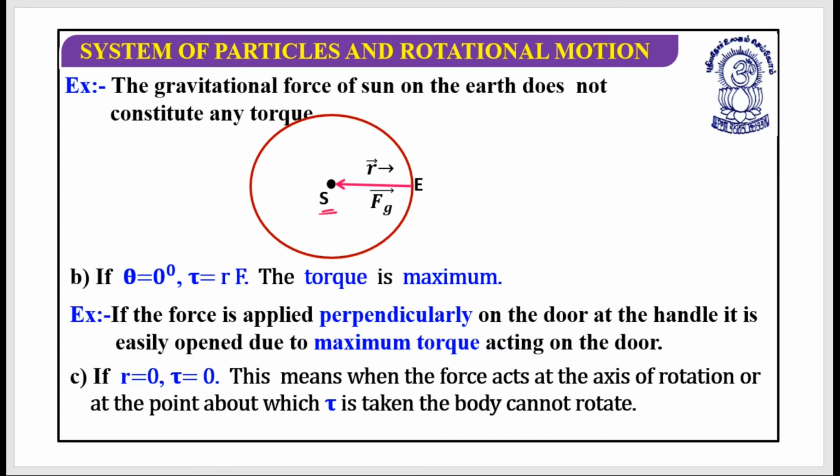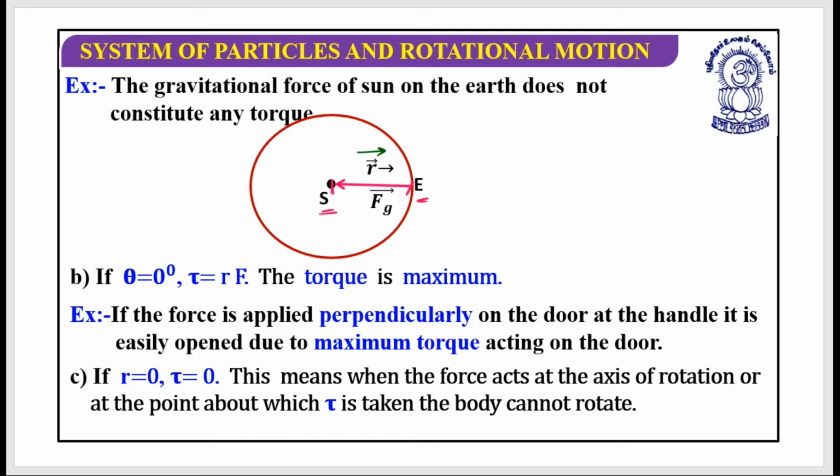Suppose this is the sun and this is one of the planets, the earth, rotating around the sun. If I take the torque due to the gravitational force of the sun on the earth, what would it be? This is the position vector from the sun to the earth, and the direction of the gravitational force, which also provides the centripetal force, is in this direction.